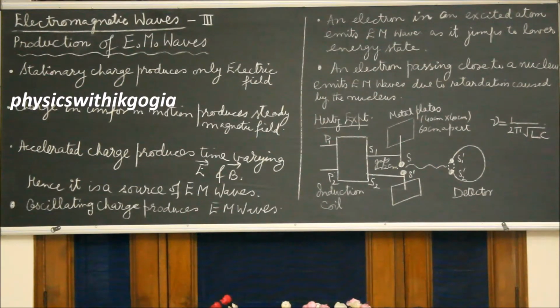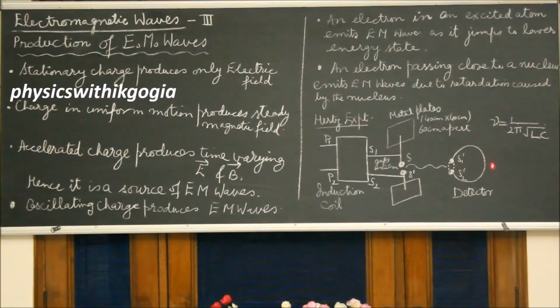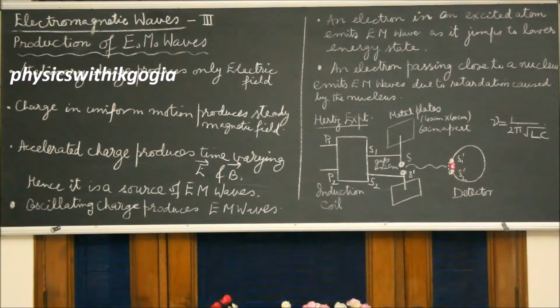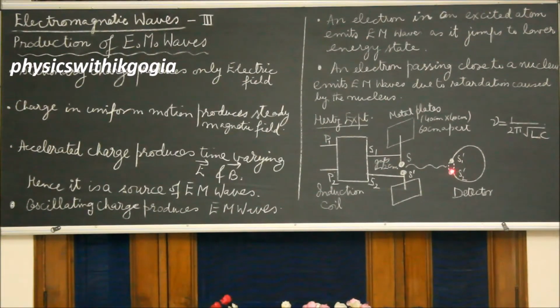For detection of the wave, Hertz used a metal ring with two small polished metal spheres S1 dash, S2 dash, with a gap almost the same as that here.